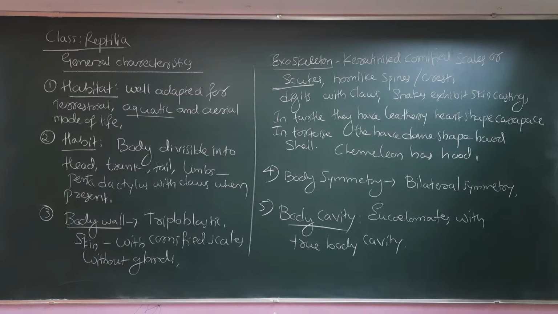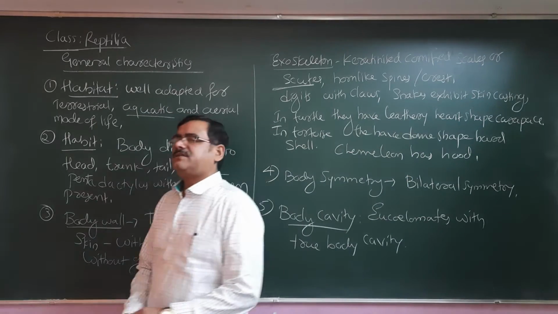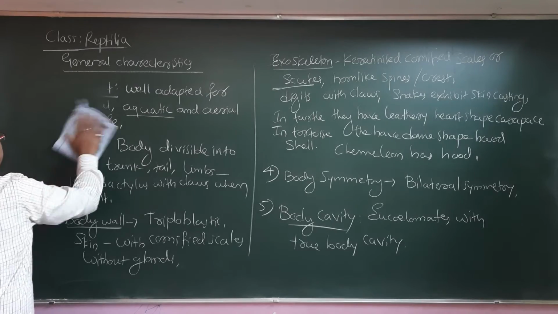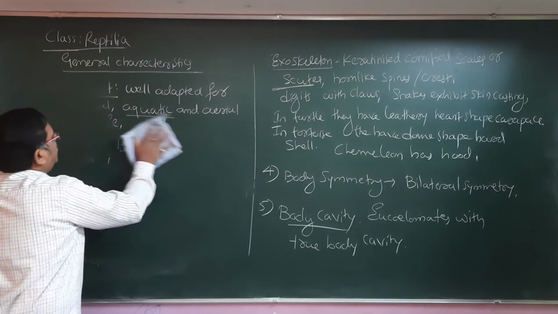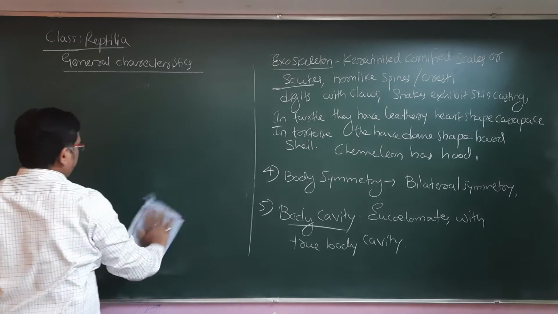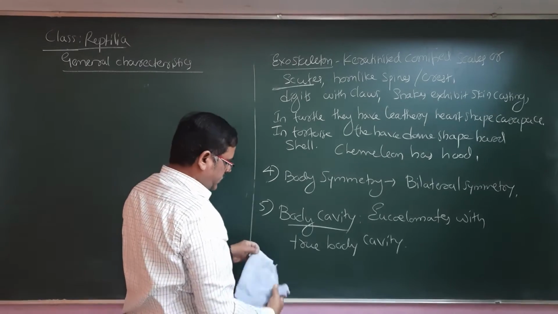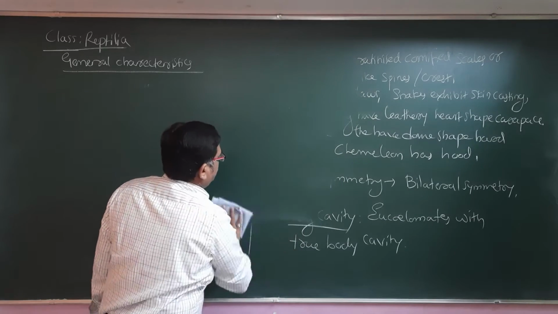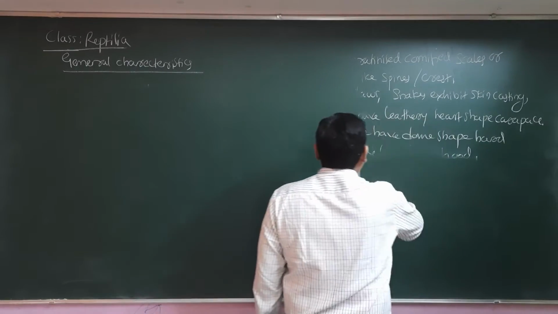Now we need to understand the internal anatomical structures. Let us go ahead with the internal study. What will we discuss here? It's about the digestive system, excretory system, then circulation, respiration, and many more. These animals exhibit a lot of diversity in their digestive system, whether in the teeth or the mechanism of nutrition.